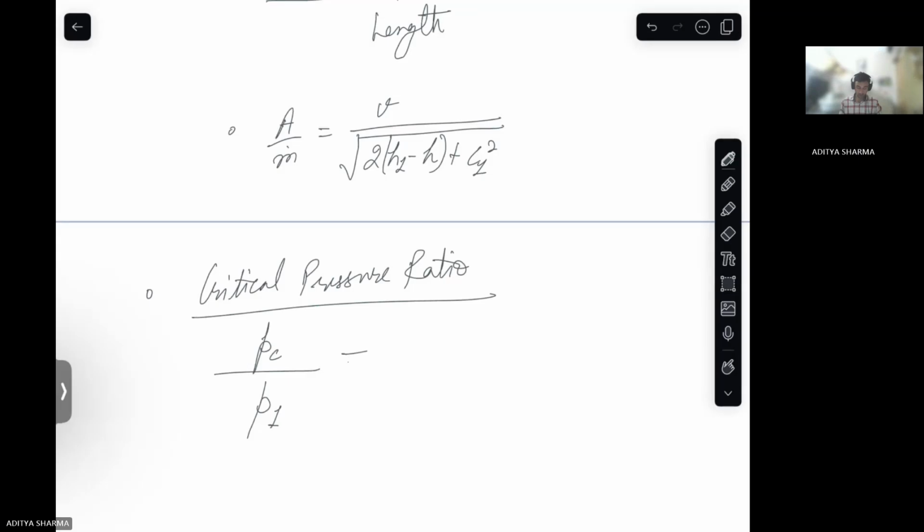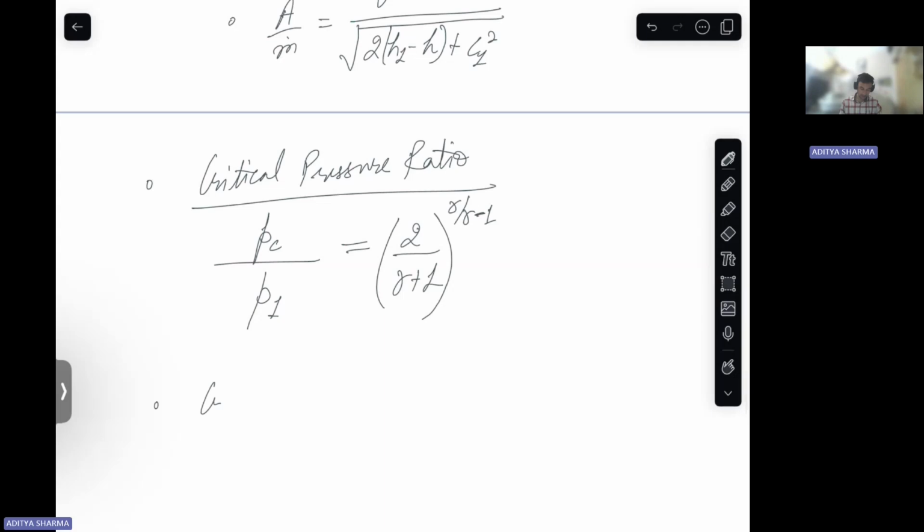So in terms of gamma, that is the ratio of specific heats, we can write it as, so this has been derived, gamma by gamma minus 1. Okay, so this is for your pressure ratio.